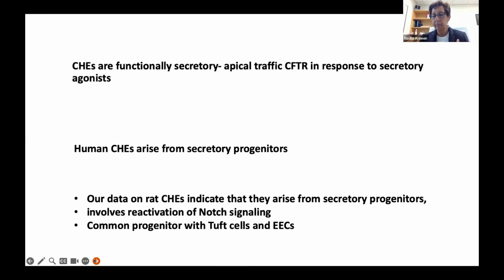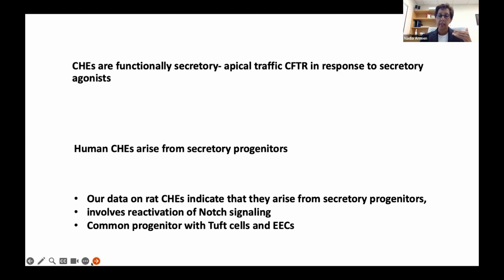And we now have data that we just submitted for publication, together with my collaborators in the Department of Genetics at Yale, that the rat cells in the small intestine indeed arise from secretory progenitors and involve reactivation of Notch signaling. We've identified a common progenitor that is shared between these cells, Tuft cells, and enteroendocrine cells.